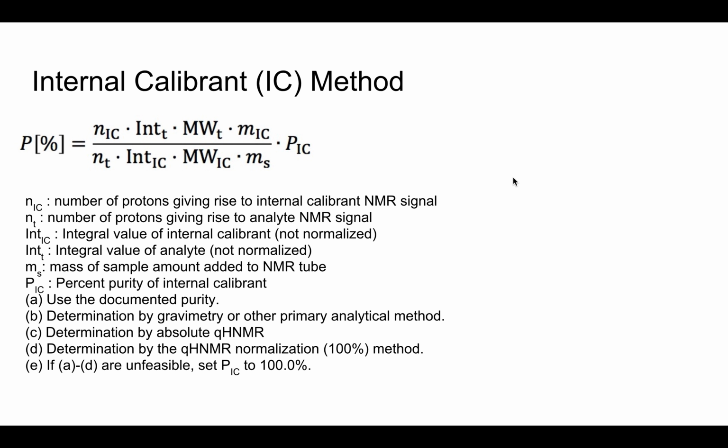A third way is to determine the P sub IC through absolute qHNMR. A fourth way is determination by the qHNMR normalization method, also known as the 100% method. Now, if steps A through D are unfeasible, then we can just default this to a value of 100%.